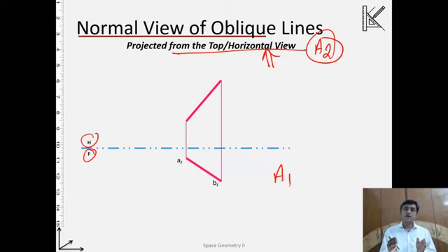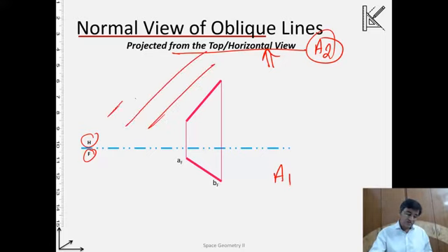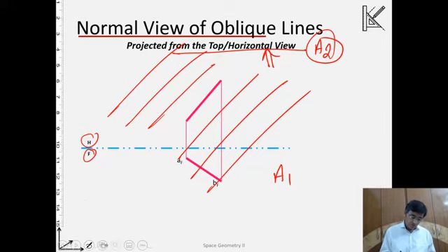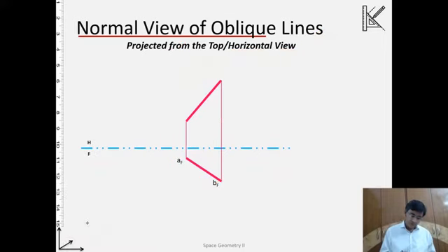Now we have to identify A3. Where is the A3? A3 can be parallel to the projection anywhere, or any of these I can take. Let me take one of these. So if I take one of these, this is the viewing direction.